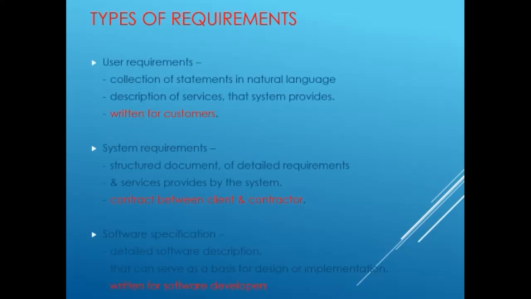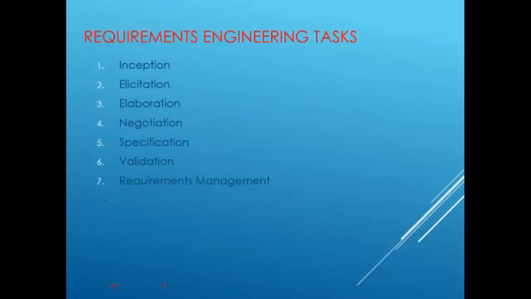In the second type, that is system requirements, structured document of detailed requirements and services provided by the system, where contract between client and contractor. In the third type, that is software specification, here detailed software description that can serve as a basis for design or implementation written for software developers. These are the types of requirements.